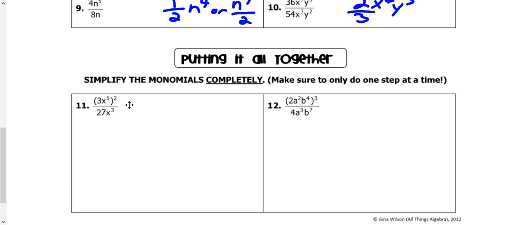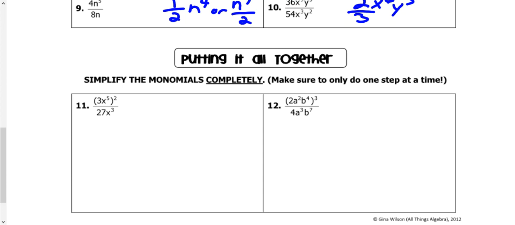So when we look at 11 and 12, we need to first distribute that exponent before we divide, because we need to make sure that we follow the proper order of operations. So it's parentheses first, and then exponents, and then multiplication, division, addition, subtraction, and so forth.